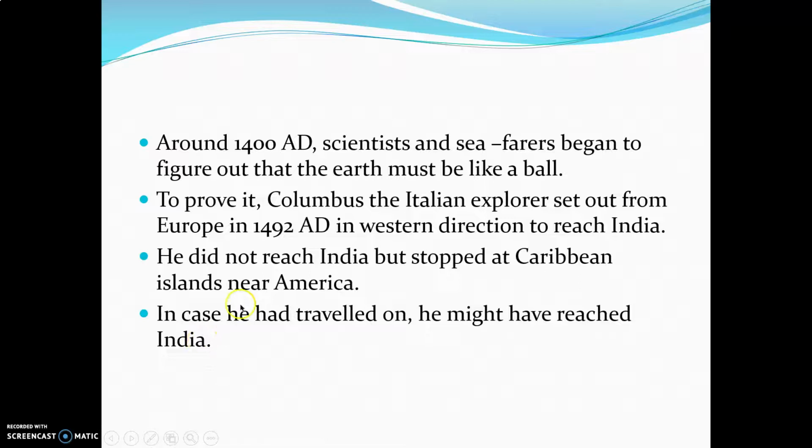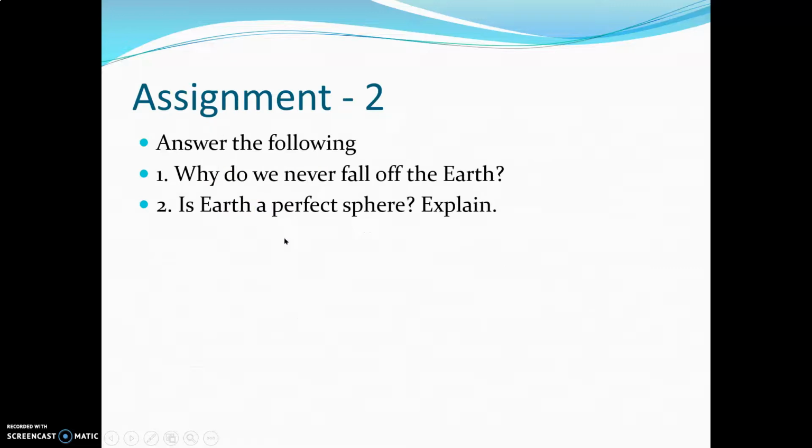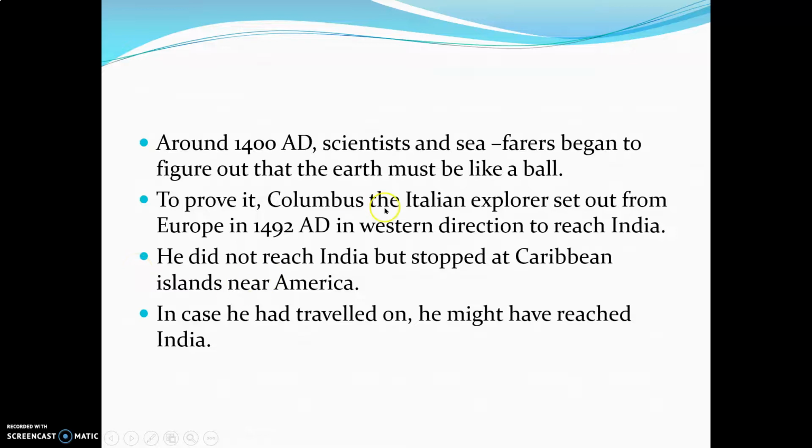In 5th standard you studied about Magellan. Before him, Columbus, an Italian explorer, also started a voyage from Europe in 1492 AD. He started in a western direction because he wanted to reach India, but he stopped at the Caribbean islands near America.